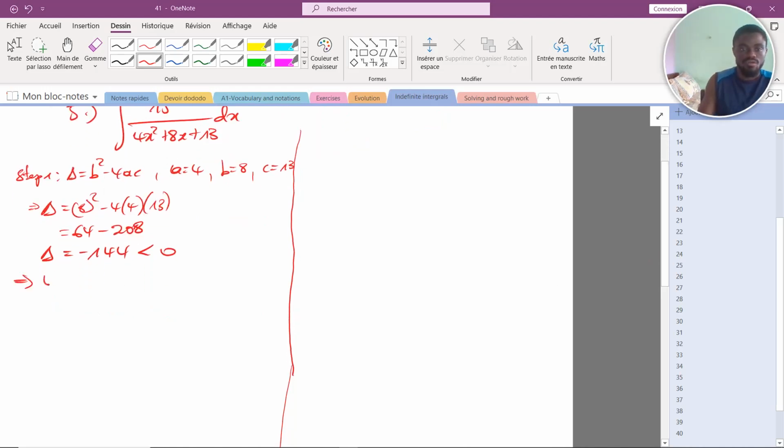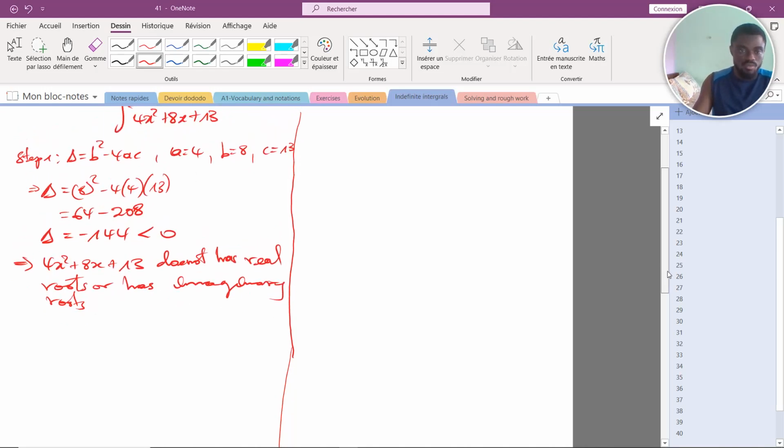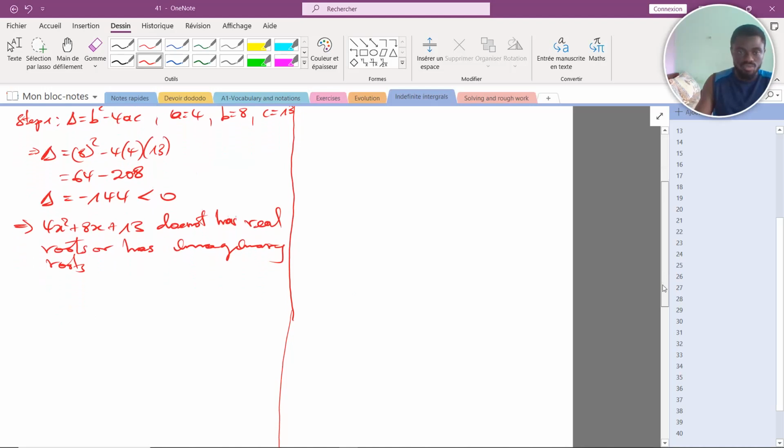This implies 4x squared plus 8x plus 13 does not have real roots, it has imaginary roots. Now, whenever we notice that the discriminant is less than 0, what are we supposed to do?